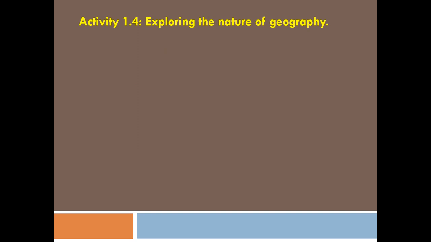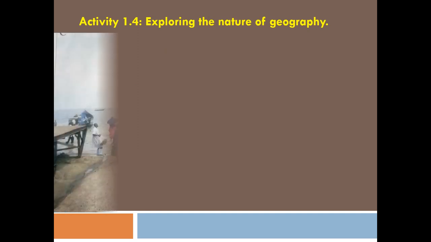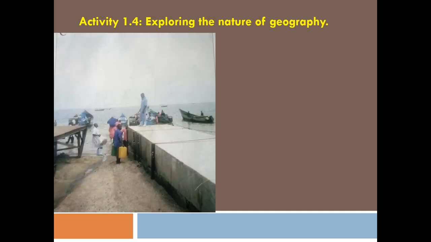We have already defined geography. We've already identified the branches of geography. Now let us continue exploring the nature of geography, and we shall still make reference to a number of photographs. And we said geography is an interaction of the physical and the human.